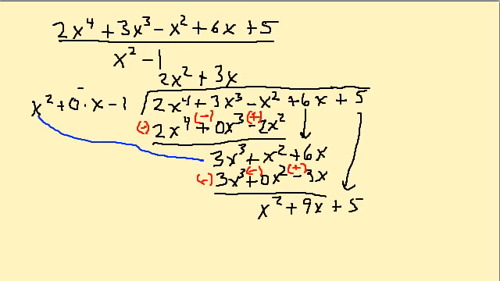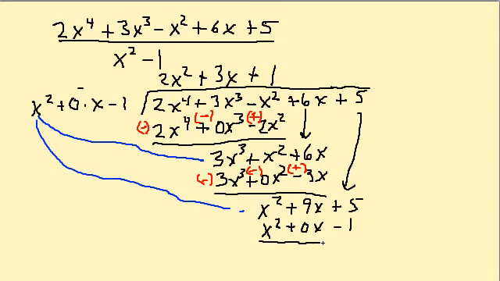And then I say, what do I multiply to x squared to get x squared? Well, that's plus 1. So 1 times x squared plus 0x minus 1. 1 times x squared gives me x squared. 1 times 0x is plus 0x. And 1 times minus 1 is minus 1. And then I subtract.